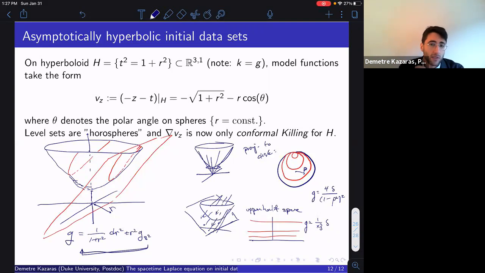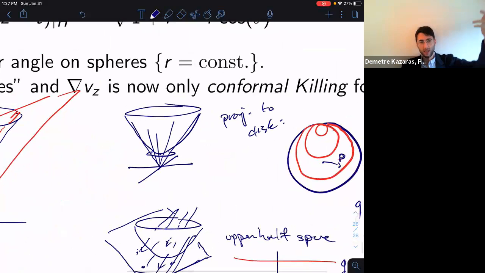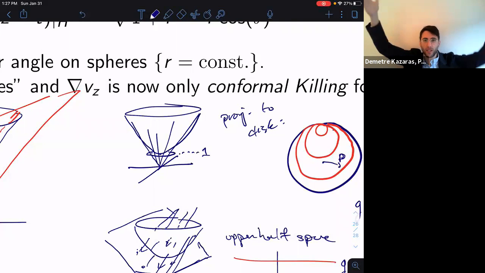We can also look at level sets by projecting from the hyperboloid to the Poincare disk. In Minkowski space, I'm zooming in here now, the hyperboloid sits at height z equals 1. That's the very beginning of the hyperboloid, then it goes up from there. Now you can draw lines from a point on the hyperboloid to the origin of Minkowski.